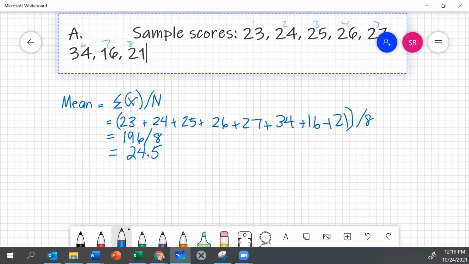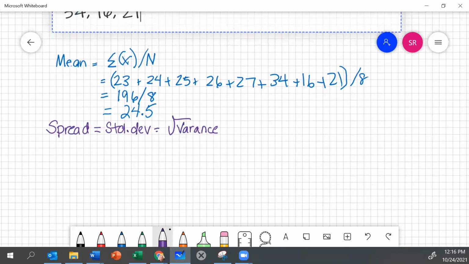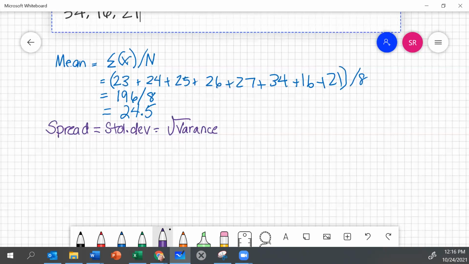We know that the spread, the standard deviation, is the square root of the variance, but we're just going to stop at the variance because that next step isn't necessary. So we're just going to calculate the variance.